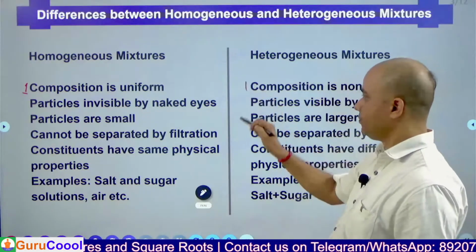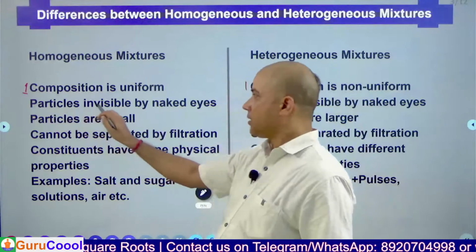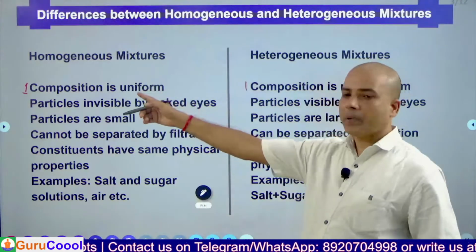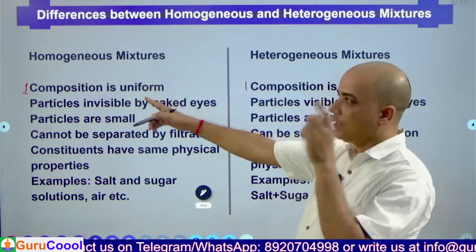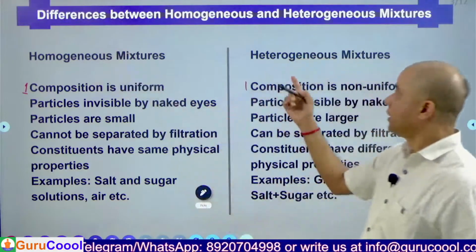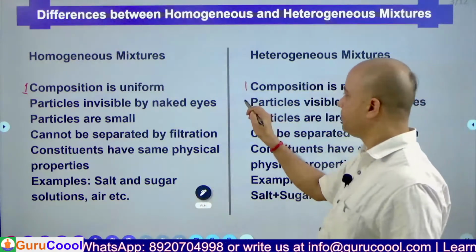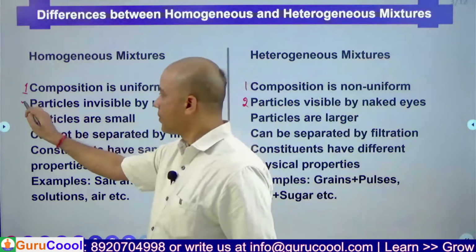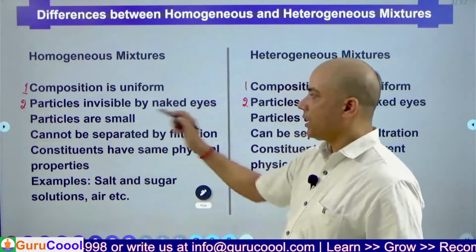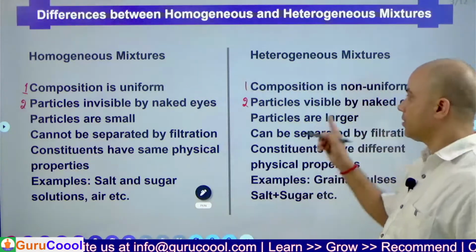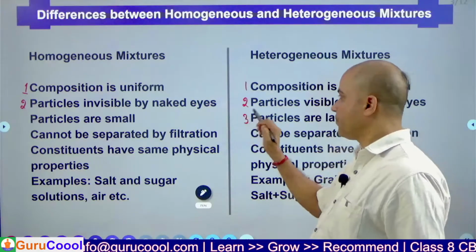Number 2, particles are invisible to the naked eye in homogeneous, but in heterogeneous they are visible. Number 3, particles are small in homogeneous, but very large in heterogeneous. That's why they are visible.